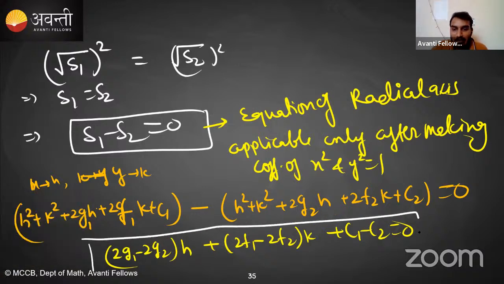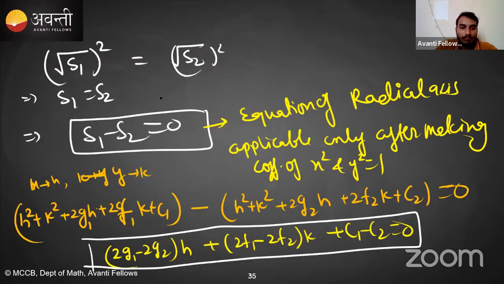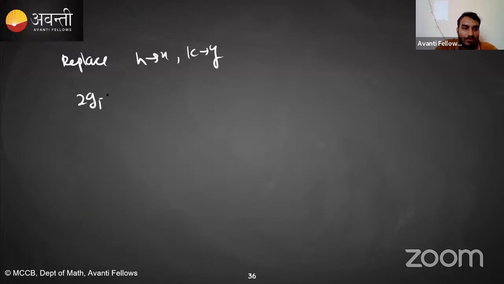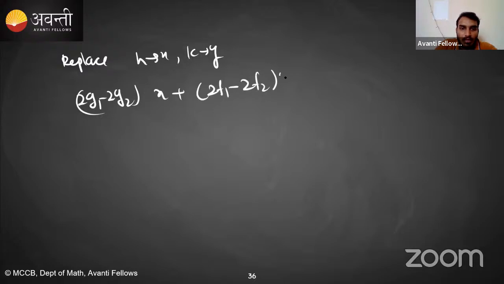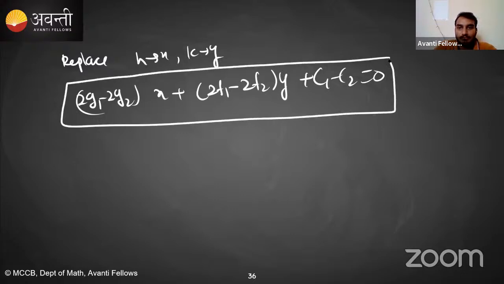So now replace h with x and k with y. What do we get? (2g1 minus 2g2)x plus (2f1 minus 2f2)y plus c1 minus c2 is equal to 0. So this is the equation of the radical axis.